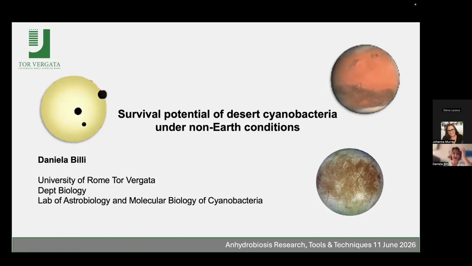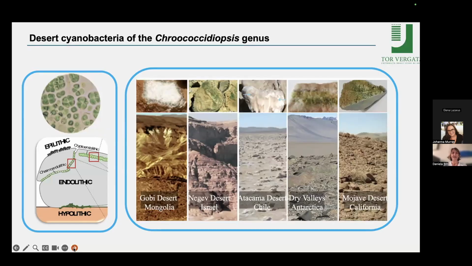To look for life elsewhere, in my laboratory we use desert cyanobacteria as a model system because they have some special features that make them so suitable to test the limit of life under non-Earth conditions. First of all, I'm going to talk about cyanobacteria belonging to the genus Chroococcidiopsis.